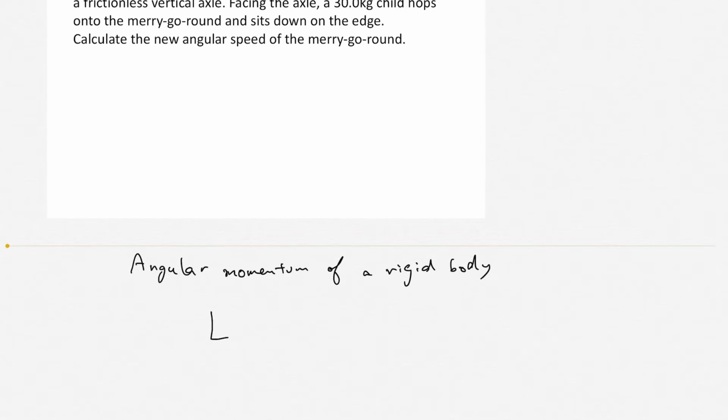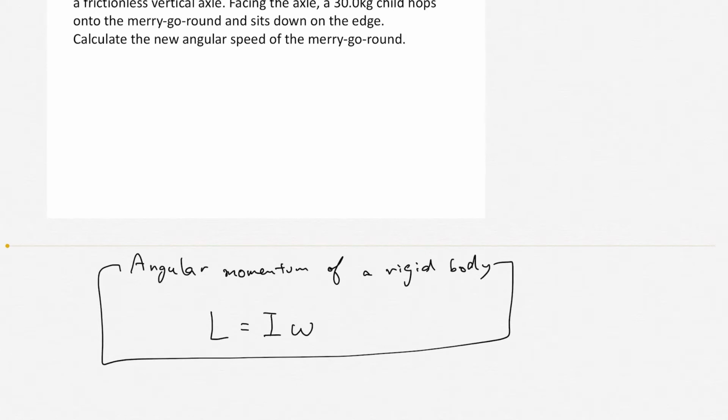Angular momentum of the rigid body is expressed as moment of inertia times the angular speed, I omega. This is the angular momentum of a rigid body. So in these situations, the angular momentum is conserved.